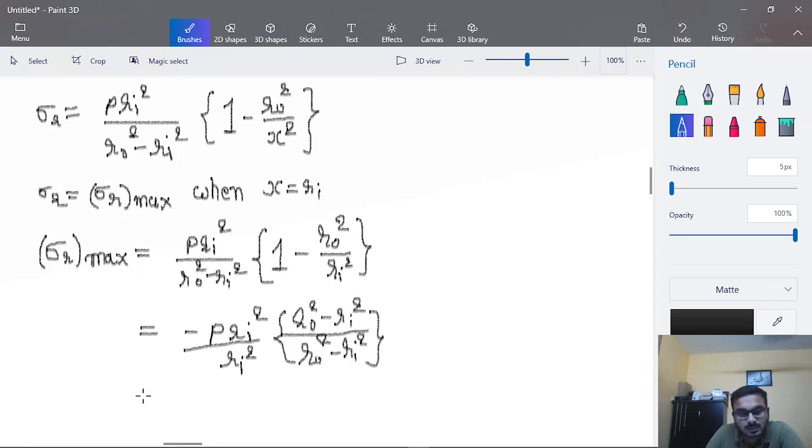So here we will have the final answer as minus P, which is compressive. So this is sigma r maximum.